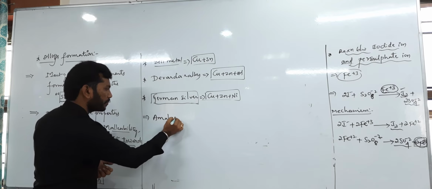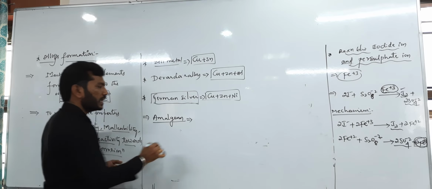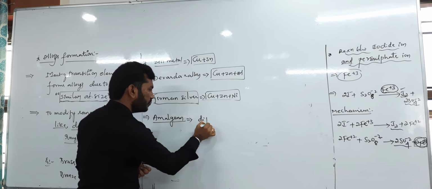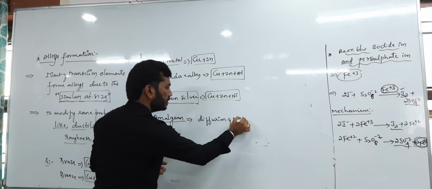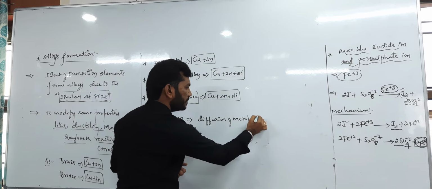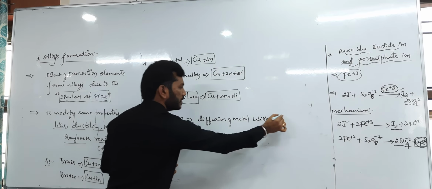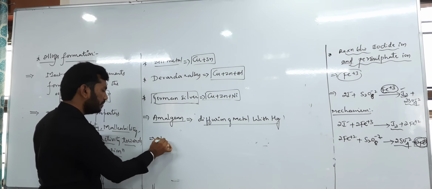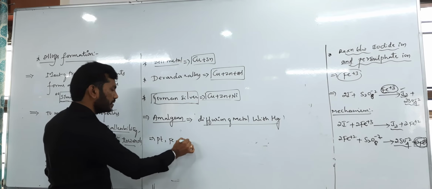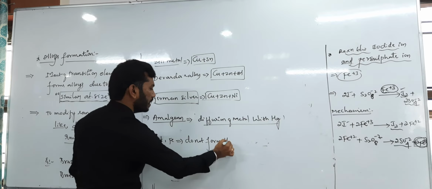Amalgam. Okay, when we say amalgam, it is diffusion of a metal with mercury, which is called amalgam, guys. Platinum and iron do not form amalgam.